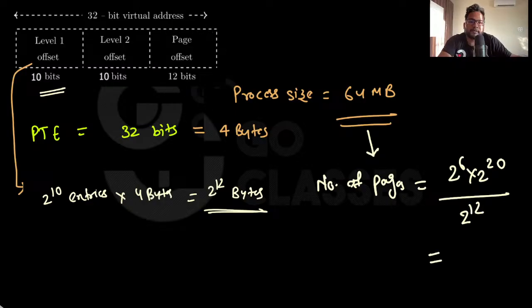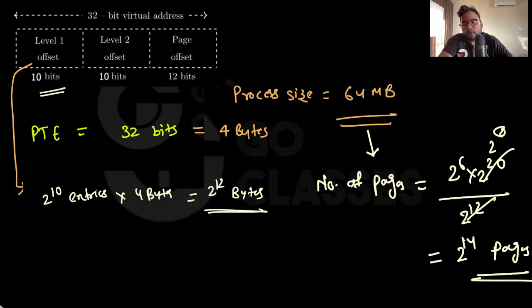So 2 power 6 into 2 power 8, which is 2 power 14. So the process will take 2 power 14 pages. Is this fine to everyone?